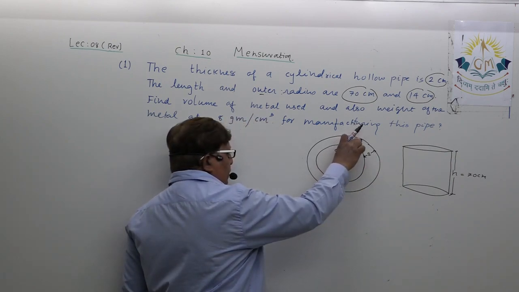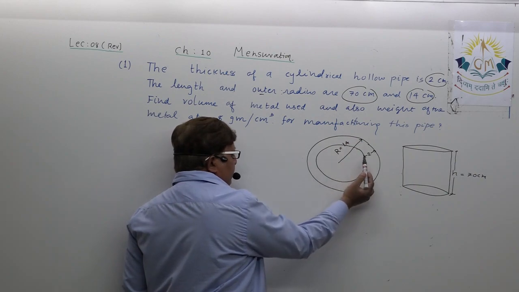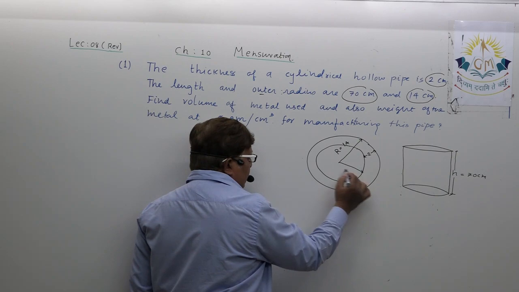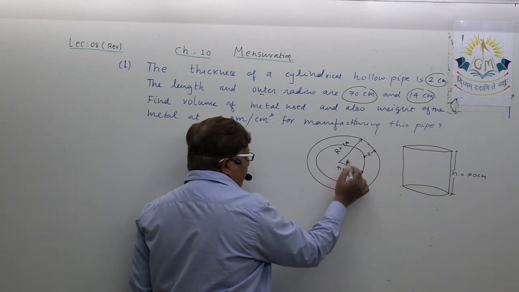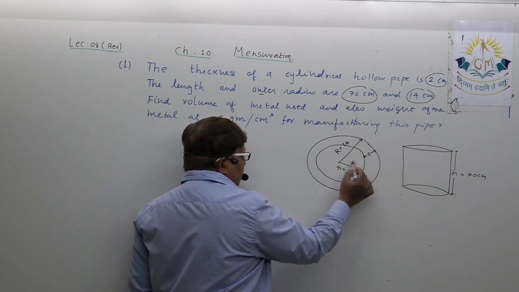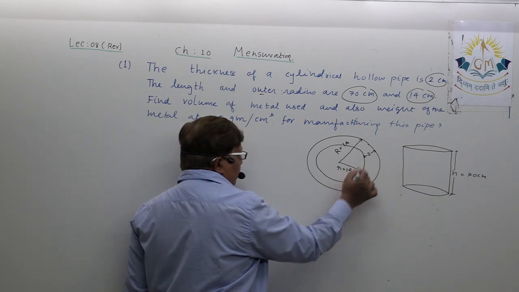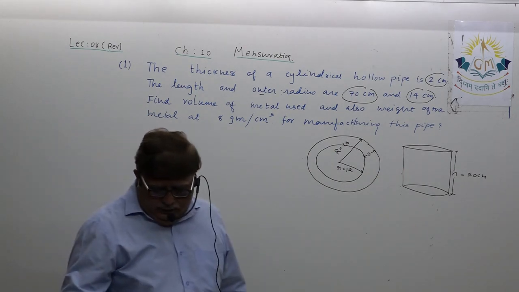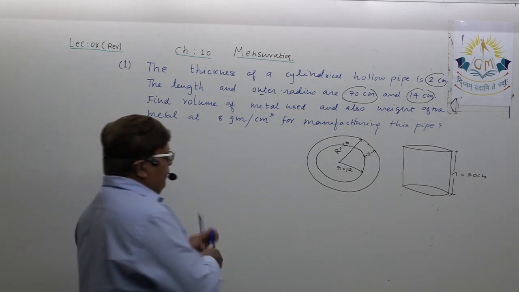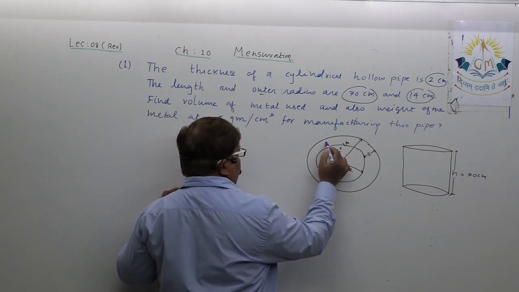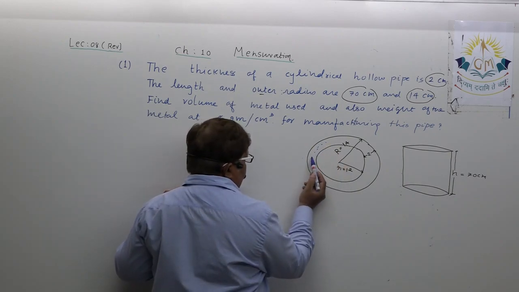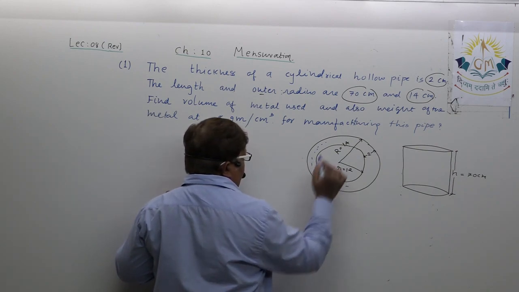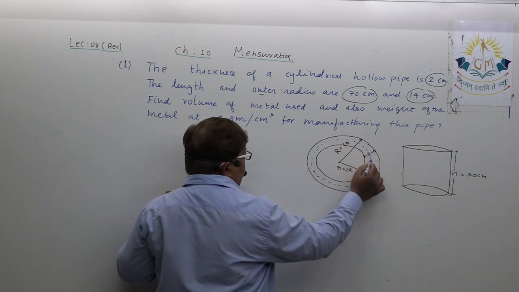So from the outer radius, you just subtract 2 centimeter, you will get the inner radius. So inner radius will be 14 minus 2, 12 centimeter. This is the only thing you need to understand, this thickness. This is very important in solving such examples.